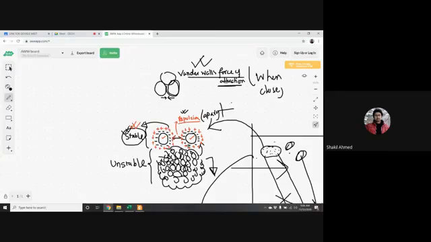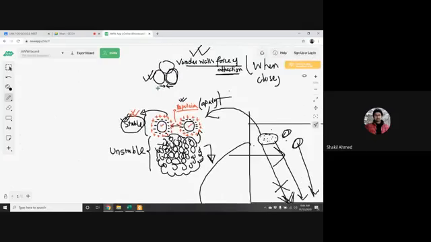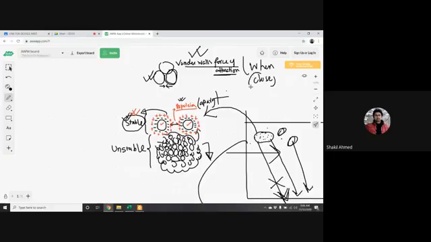Clear? Yes, sir. Now, your objective is to bring them close to each other somehow. If you can bring them close to each other, then this van der Waals force will automatically be activated and they will agglomerate together to make a big mass, and that big mass can be settled down easily.